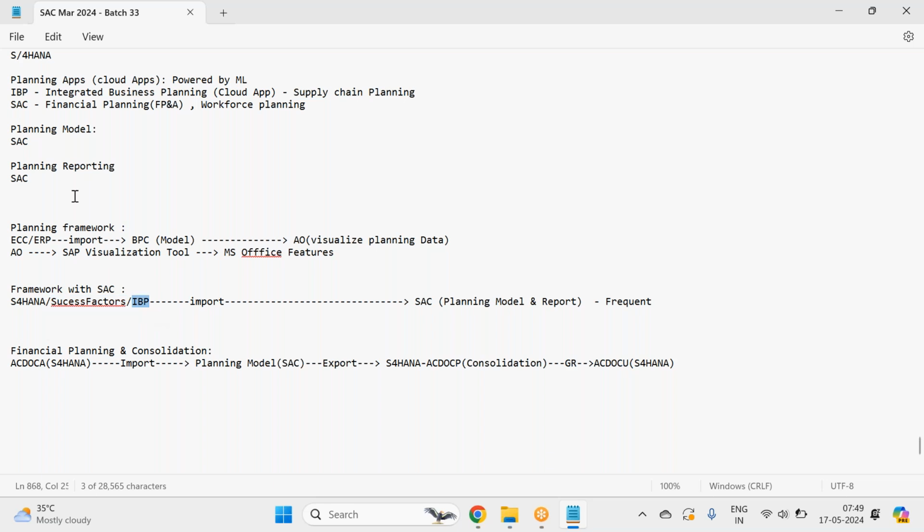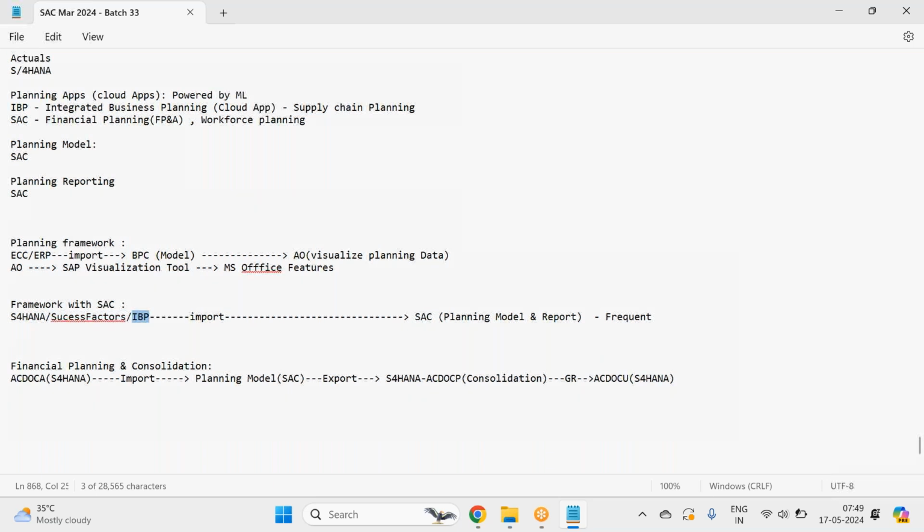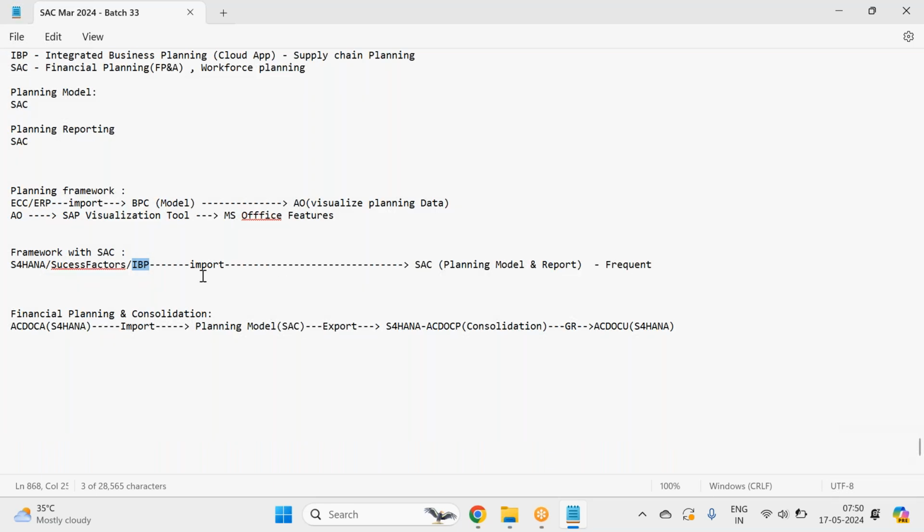Sometimes IBP data, as I mentioned, we also push the supply chain data into SAC for financial planning. You remember? We also import the supply chain plan data into SAC to integrate with the financial plan, right? From different systems, we import the data into SAC and build end-to-end planning, modeling, reporting, everything in SAC. Okay, guys, you see a lot of import connections in the planning projects. You don't really see live connections here. It's all about importing the data into planning systems.